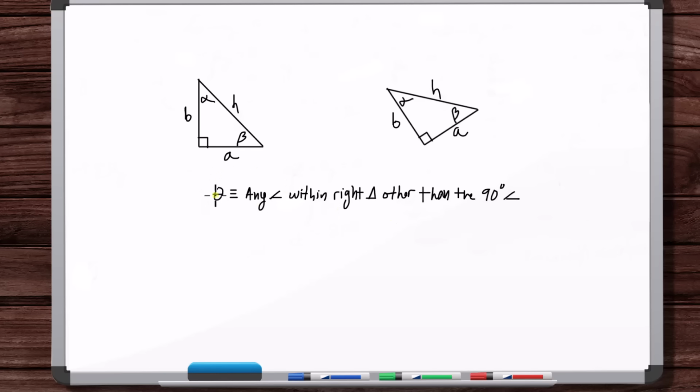So pretty much I'm saying theta is either alpha or beta, either one. Any angle within a right triangle other than the 90-degree angle.